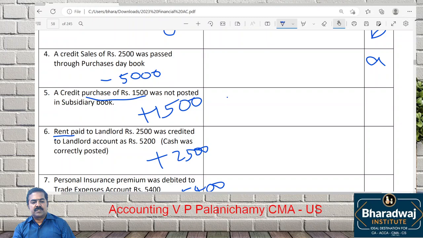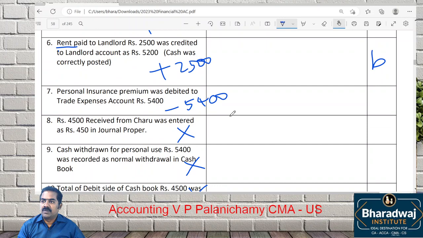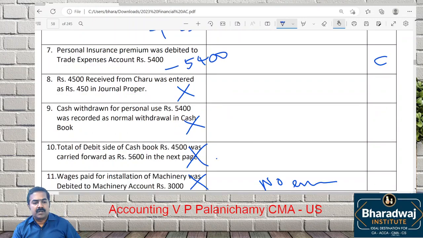Personal insurance premium is drawings, but wrongly debited to which account? Trade expense account. Personal account recorded as nominal account, error of principal. Receipt from Charu entered in journal proper. Entering a wrong amount. Error of commission.